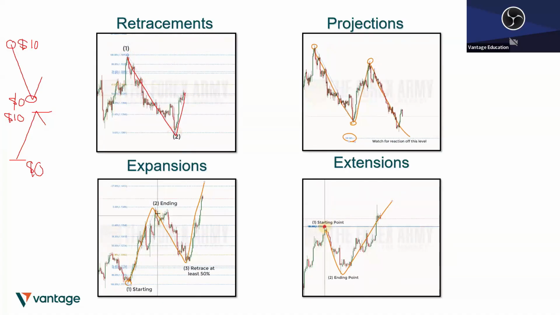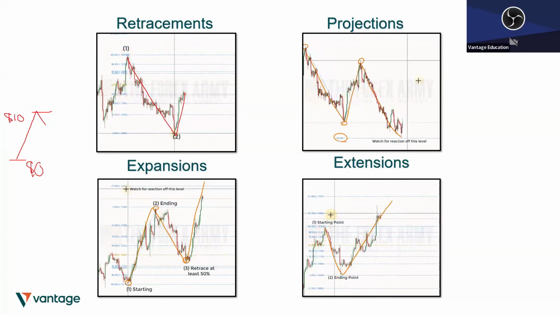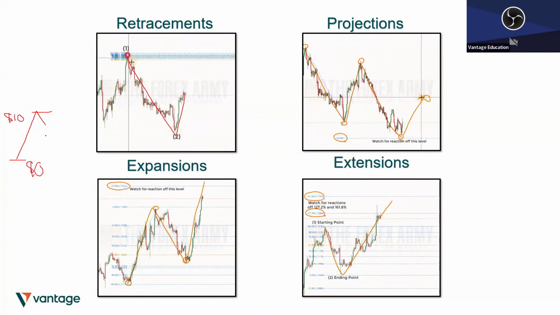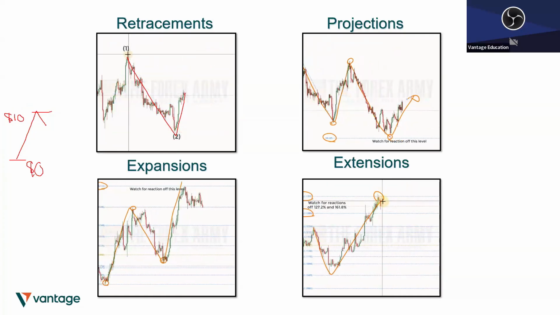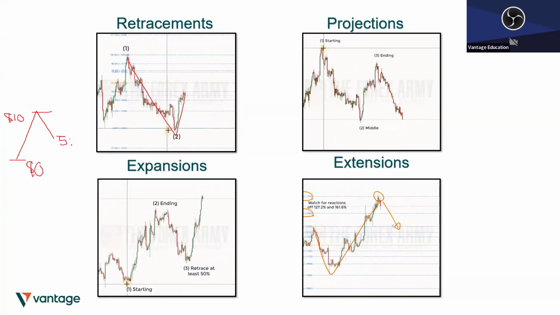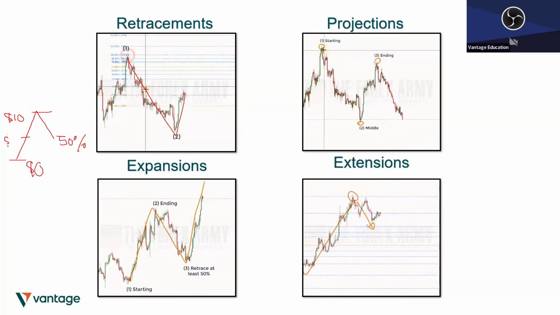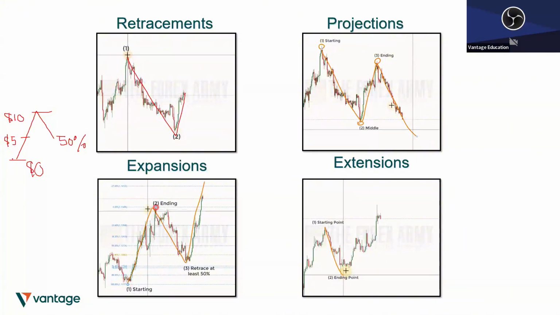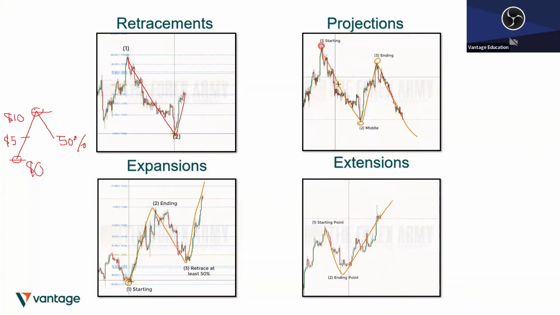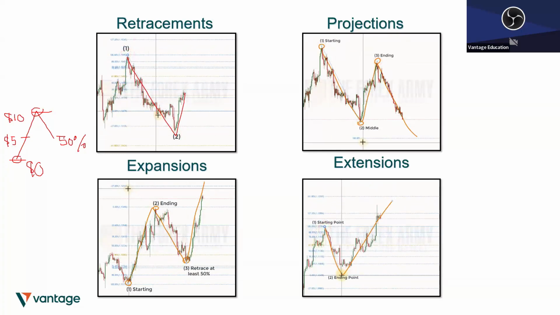And I say, oh, price retraced 50% of the last swing high. 50% of the last swing high will be at $5. That's all it is. Retracement is basically the percentage of price retracing from the 2 points that you took. If you took 1 point at $0 and 1 point at $10, 50% of that is $5.